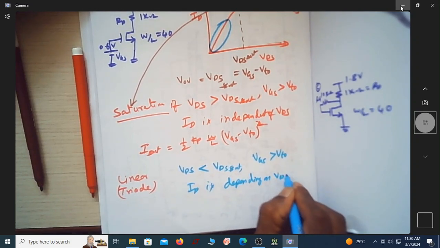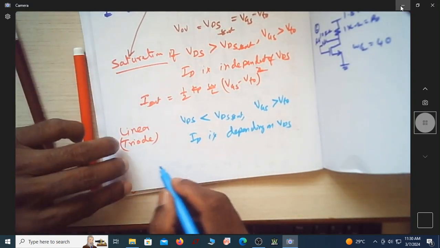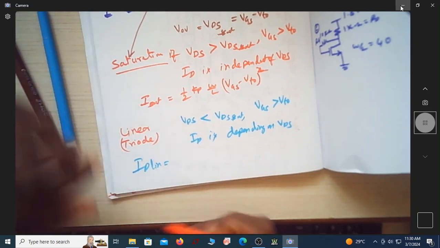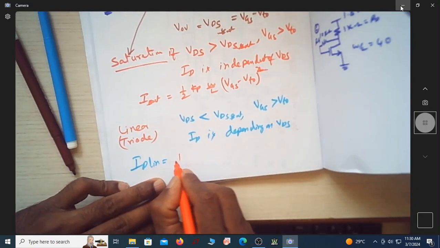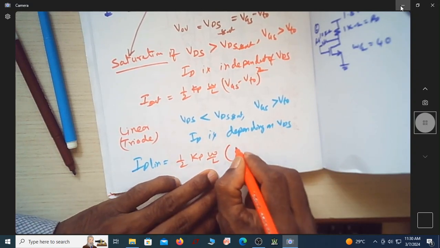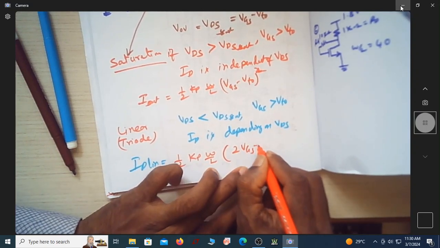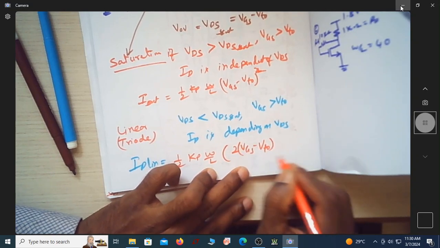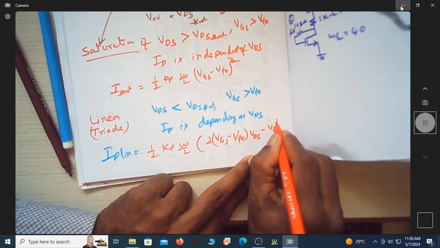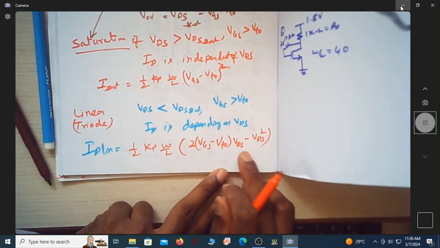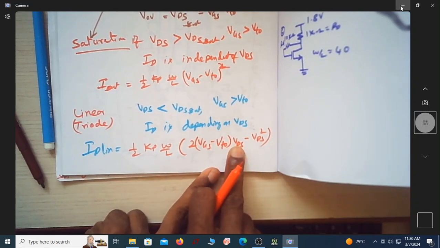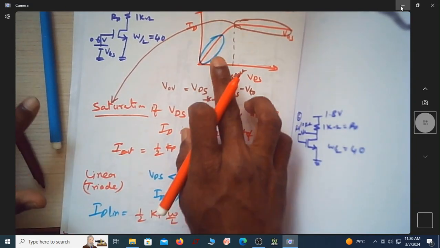The expression for ID in the linear region is Kp W by L times VGS minus VTO into VDS minus half VDS square. It depends on VDS. This is the linear region.